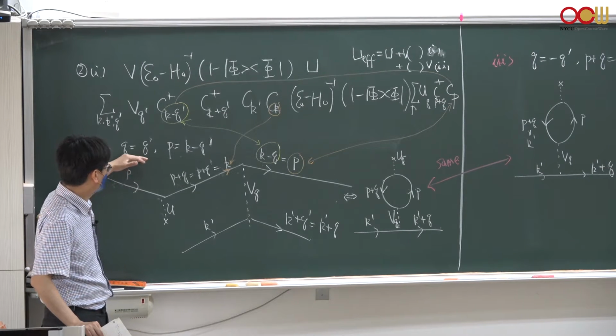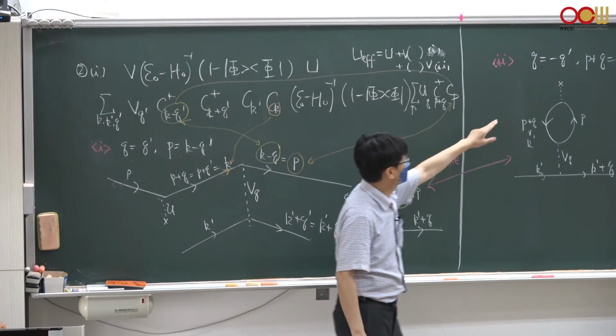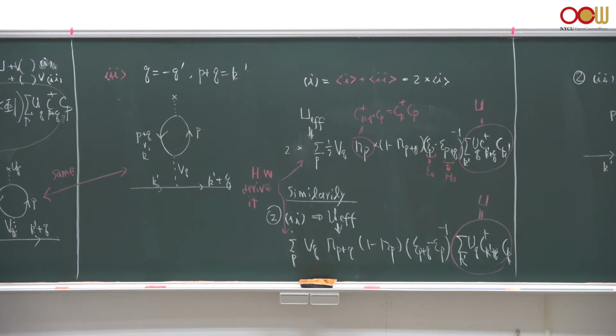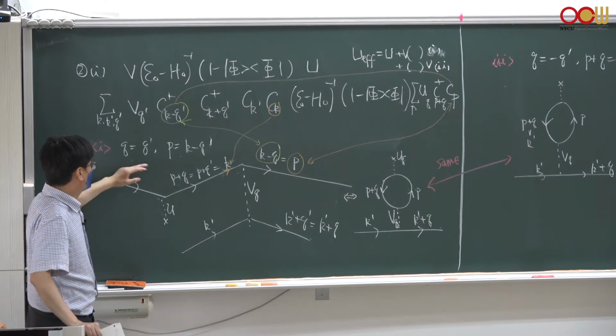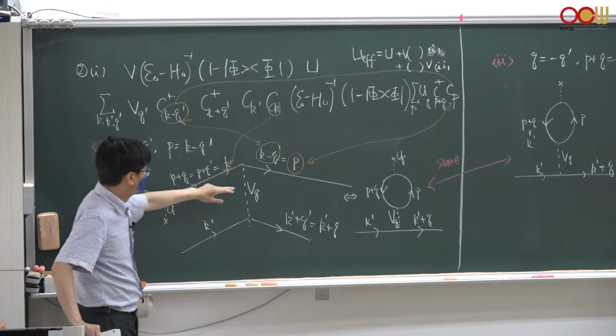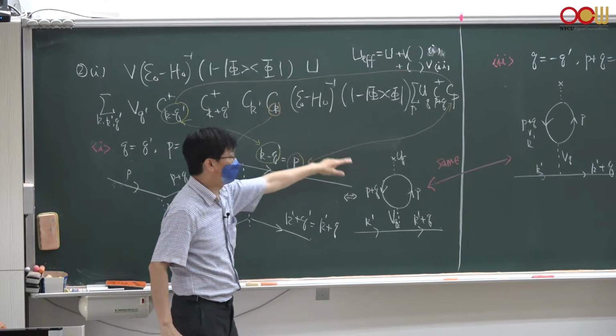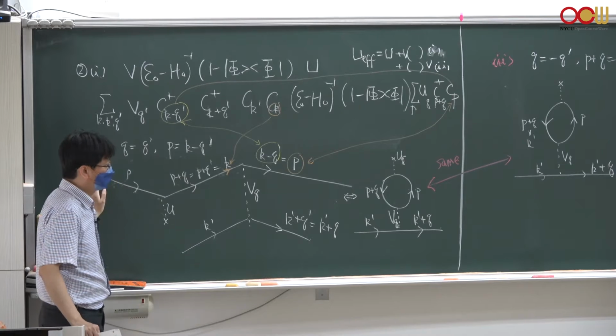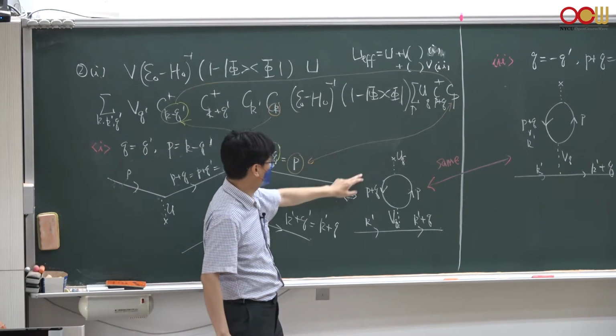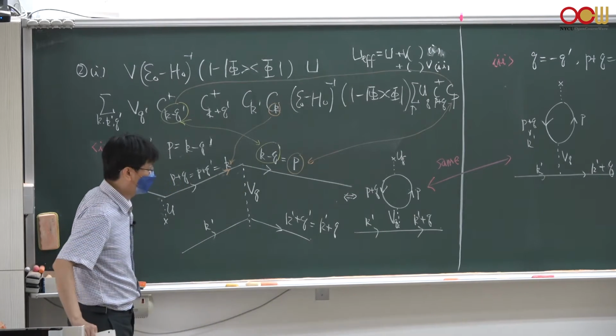The first case is this one, and the second case is over here, which we'll discuss in just a moment. Let's just focus on the first case, where the final state is the same as the incoming state, so that we could identify these two states as the same state.